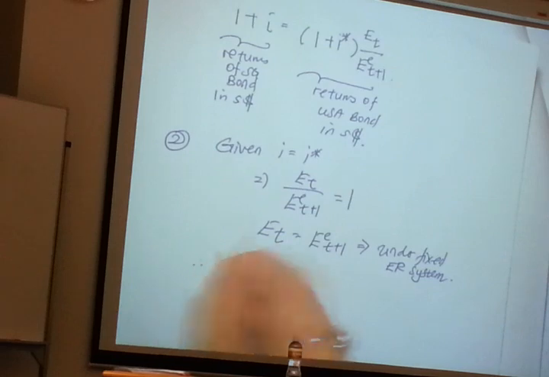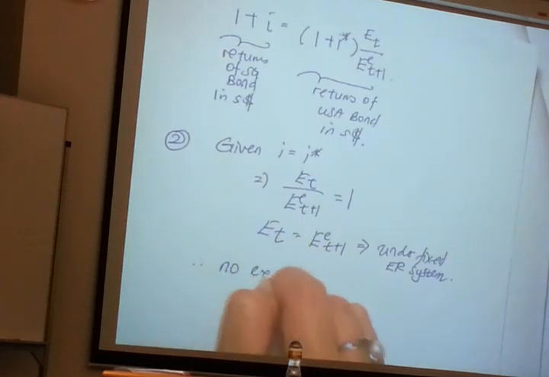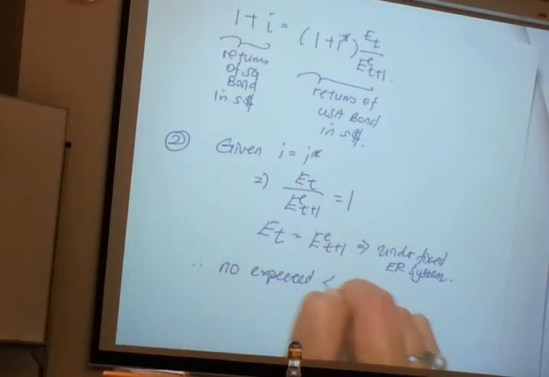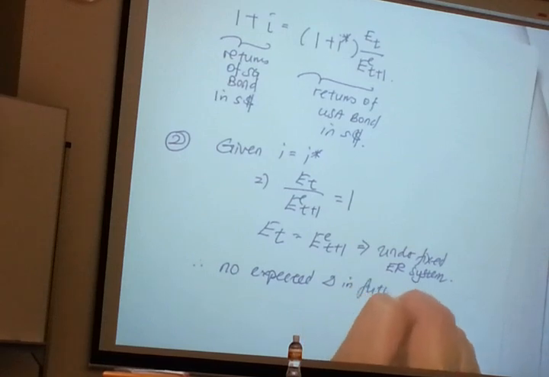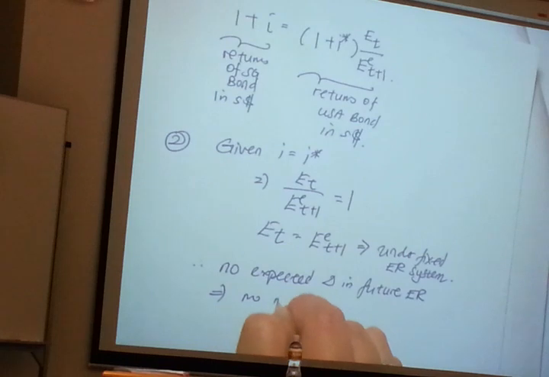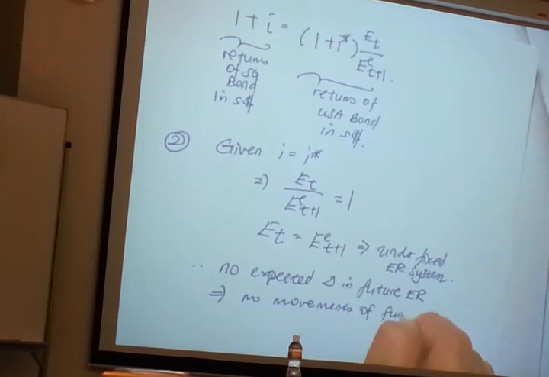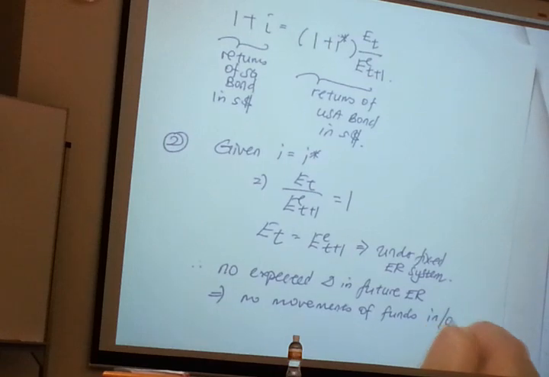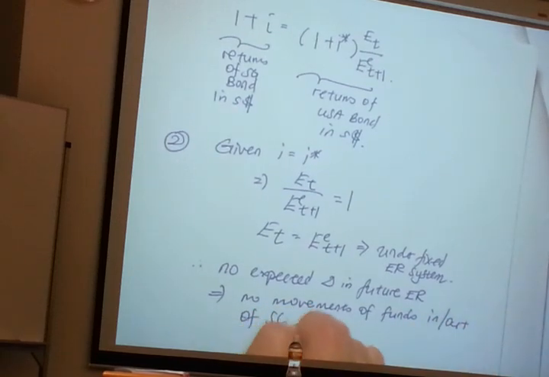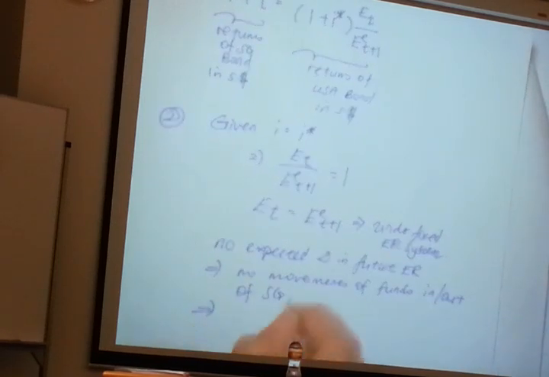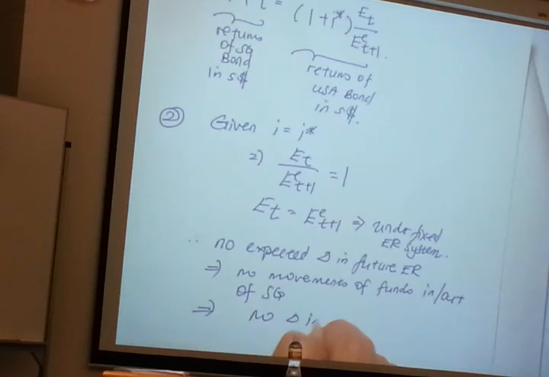So therefore, due to no expected change in future exchange rate, there is actually no movement of funds, whether in or out of Singapore. So therefore, no change in interest rate.